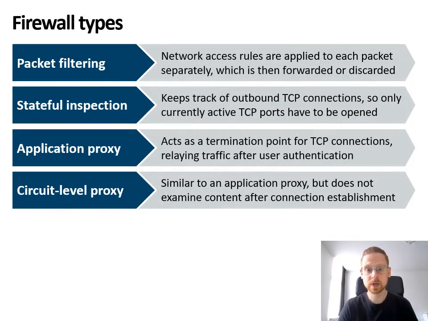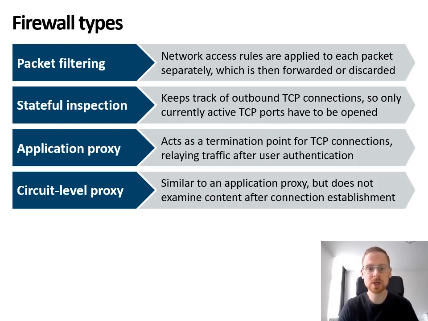Firewalls can be categorized based on at what level in the network protocol stack they perform their filtering and inspection. And 4 main categories exist. The first one is the packet filtering firewall. This is the simplest type of firewall, and it provides network access control for each packet separately at the transport layer, and then forwards or discards these packets.